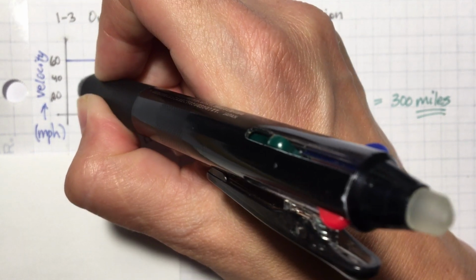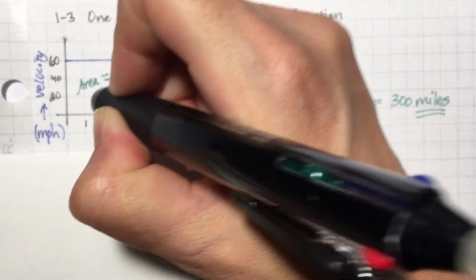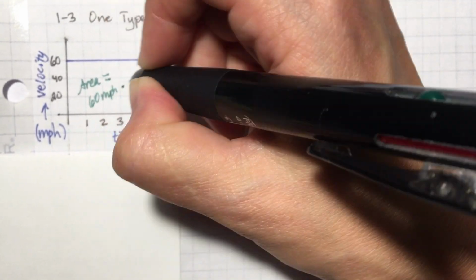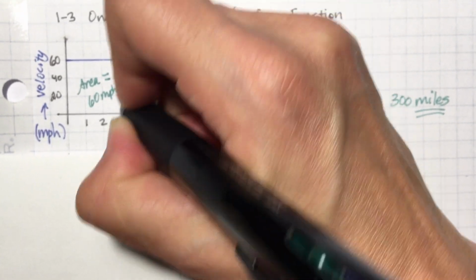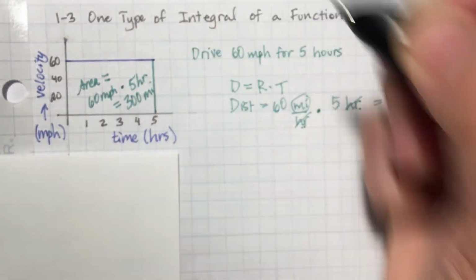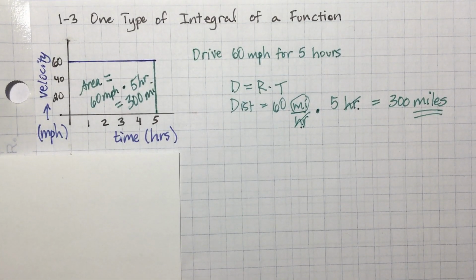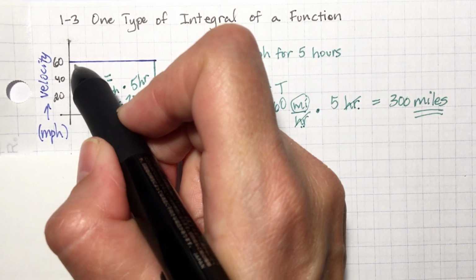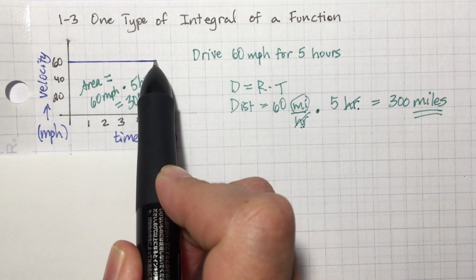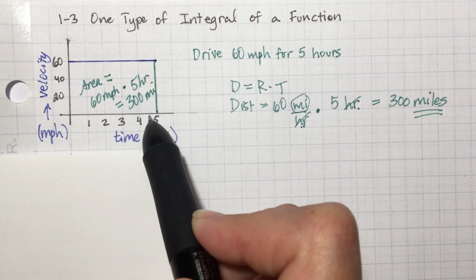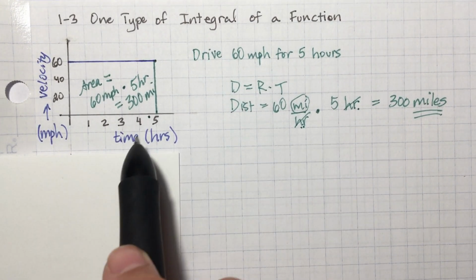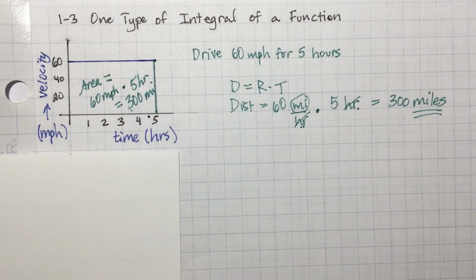So the area of this guy is that same 60 miles per hour times our 5 hours, and that's the 300 miles. So this area that's between our function, which is a really boring horizontal line, and the x-axis, that is what's called a definite integral. And it's super boring in the case of something like this horizontal line.